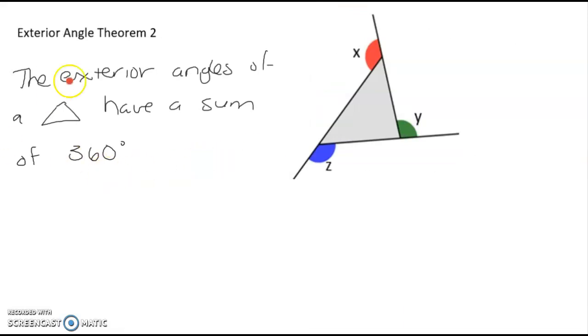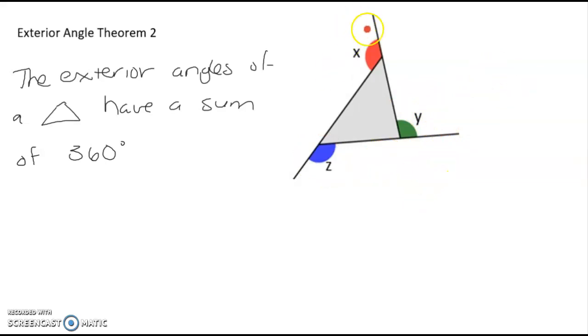Number 6, we have the exterior angle theorem, number 2. So the exterior angles of a triangle have a sum of 360 degrees. So angle X plus angle Z plus angle Y all add up to 360 degrees.